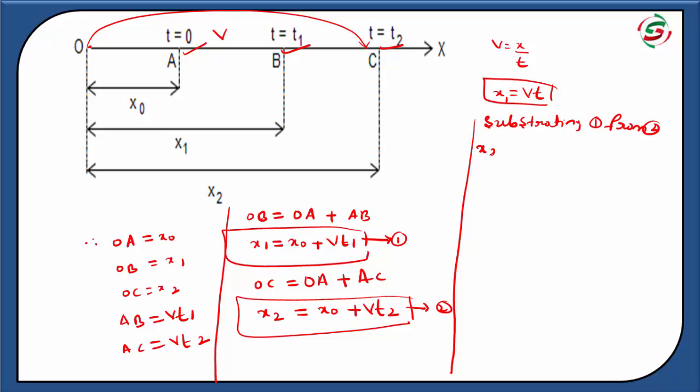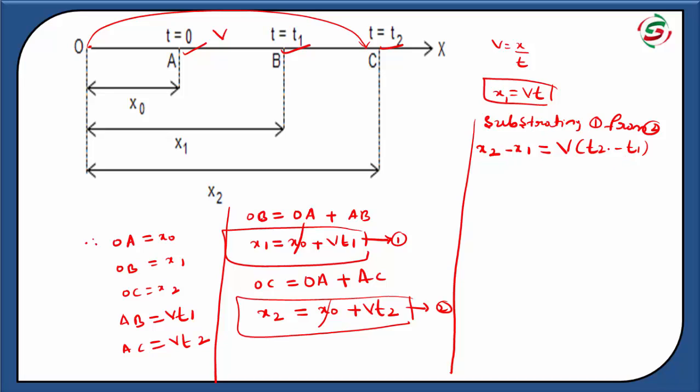We get x2 minus x1. Here x0 and x0 cancel each other, then the velocity V is common. So x2 minus x1 is equal to V into T2 minus T1.